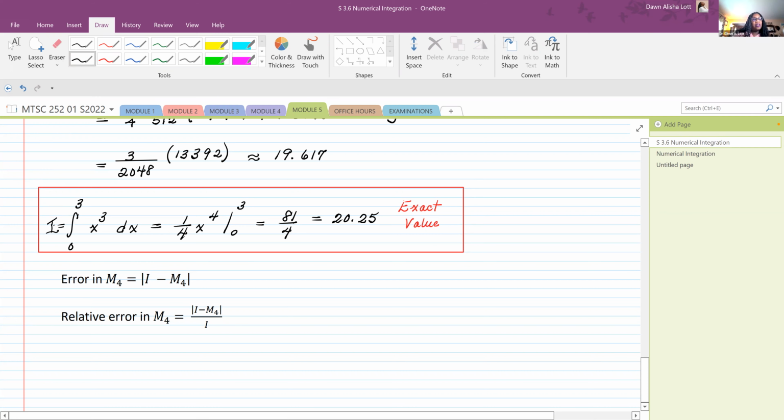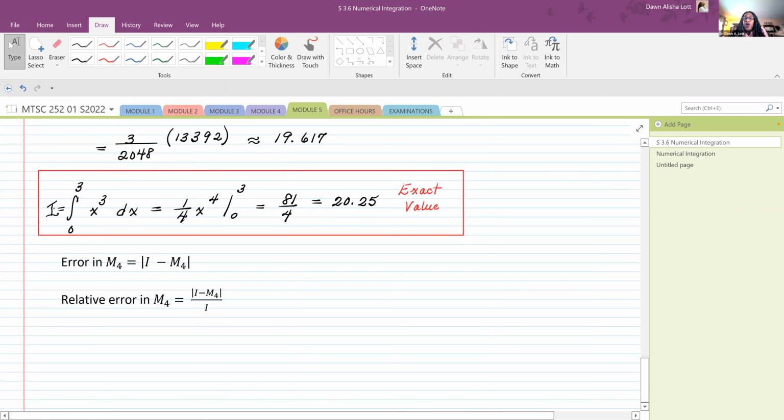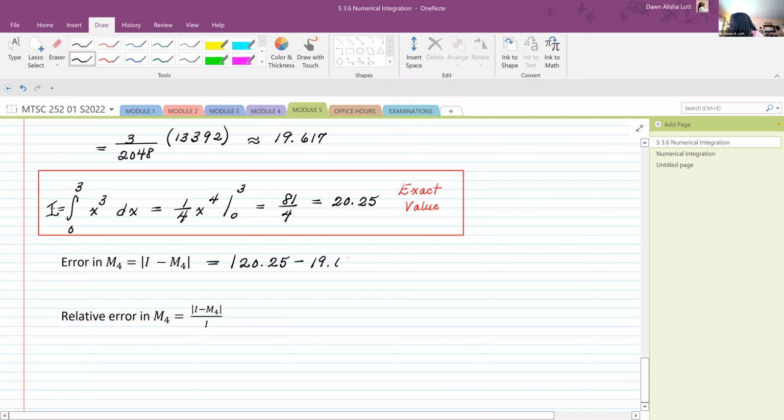So that's the error. The error is how far are you away from the true value? How far are you really away from it? So we can calculate that. That's the absolute value of 20.25 minus 19.617. And if I'm using 3-digit arithmetic, that comes out to be 0.633.